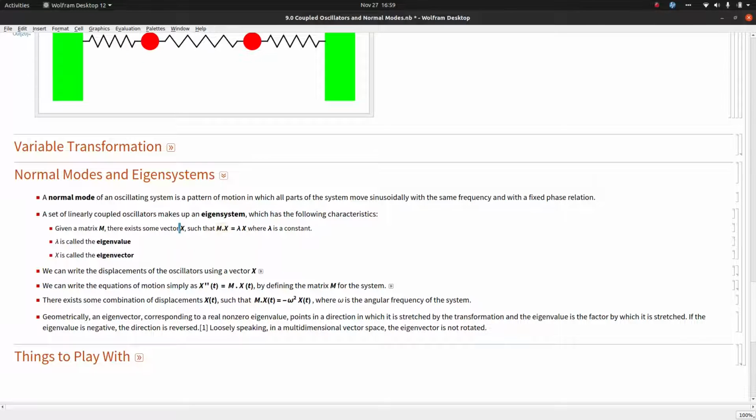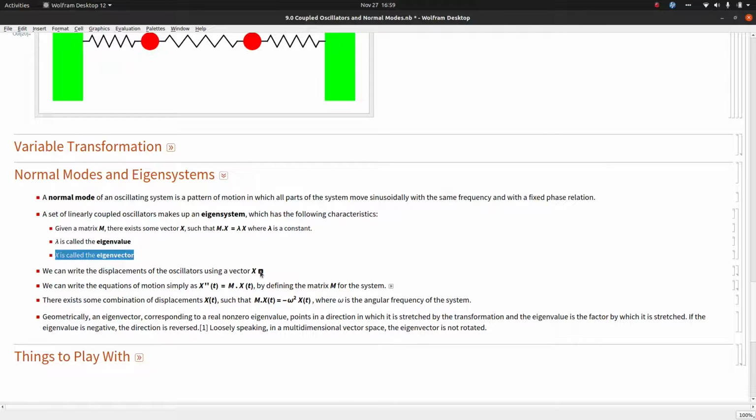So I operate on the vector with the matrix, and you get a constant lambda times the original vector. Here, that constant lambda is called the eigenvalue, and the vector x is called the eigenvector.